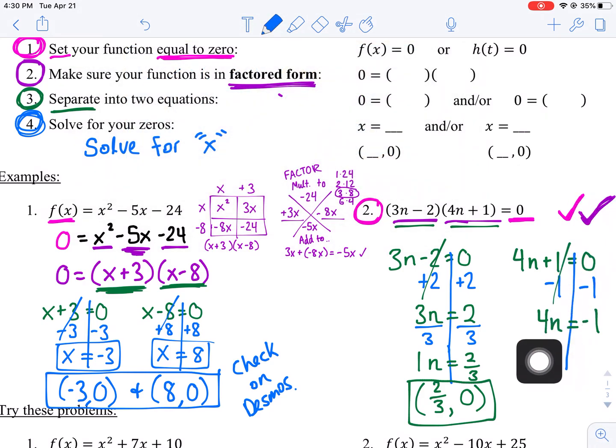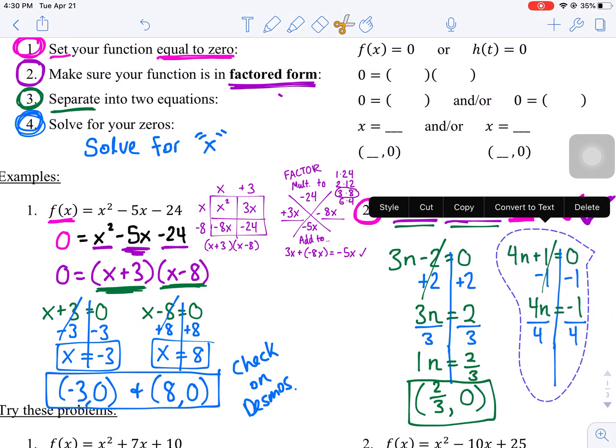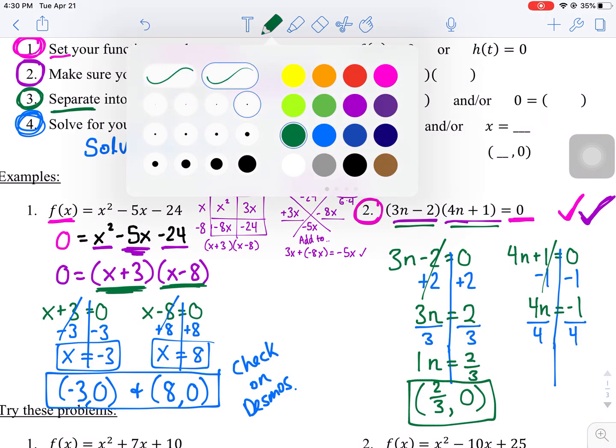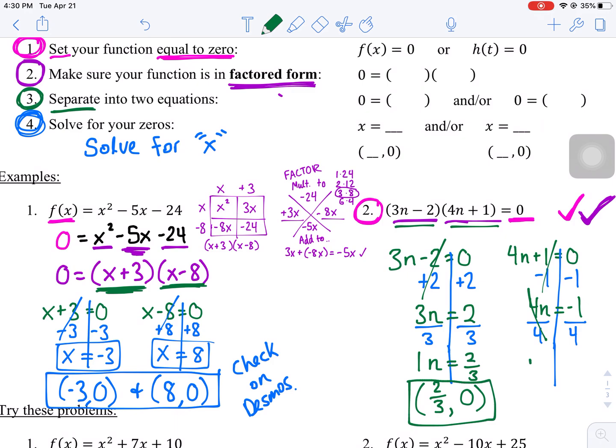The opposite of multiplying by 4 is dividing by 4, so I'm going to divide both sides by 4. Four divided by 4 is 1n, or just n. Negative 1 divided by 4 is negative 1/4. So our other root is negative 1/4, comma 0.